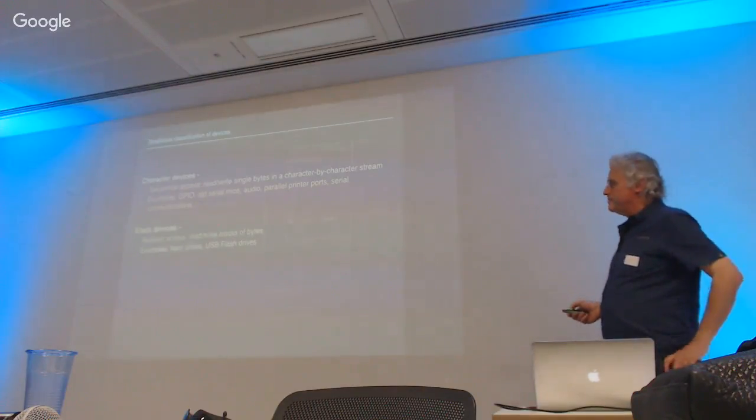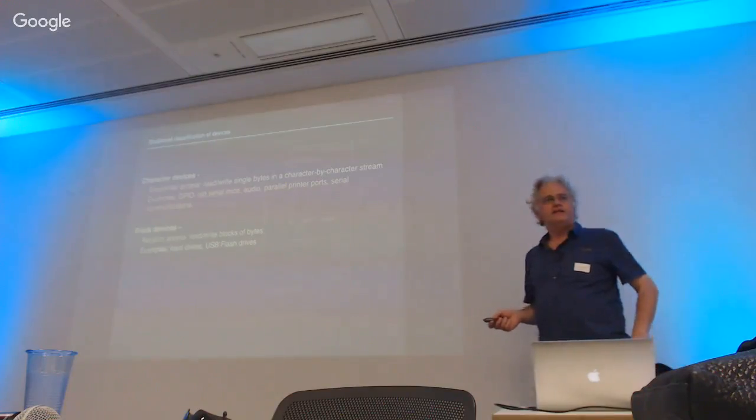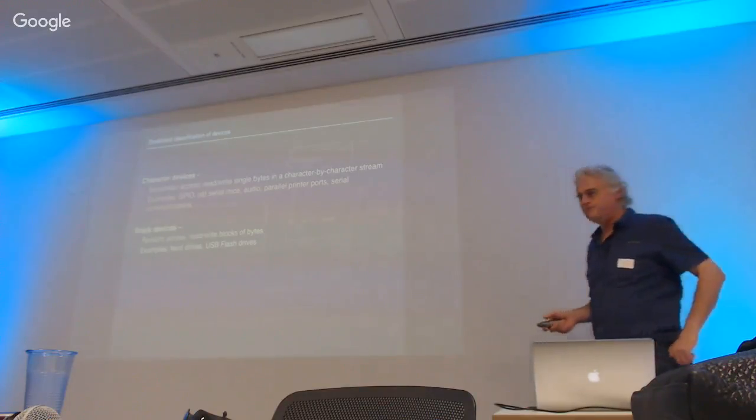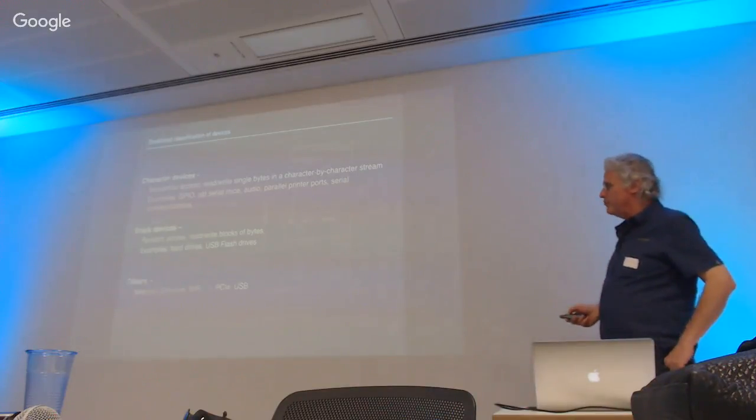The other type of driver are these block devices. So that would be hard disks, USB flash drives. Those were the most common types of devices really back in the early days. And later on came all the others, all the networking ones, PCI Express, USB, and so on.